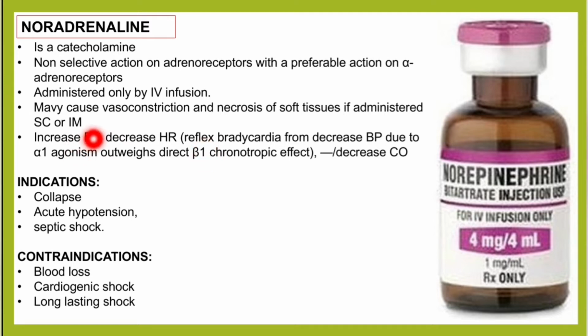This drug increases blood pressure and causes a decrease in heart rate, thus reflex bradycardia, because its alpha-1 agonism outweighs the direct beta-1 chronotropic action. Therefore, there will be decreased cardiac output. It's indicated in collapse, acute hypotension, septic shock. It is contraindicated in blood loss with severe bleeding, cardiogenic shock, and long-lasting shock.